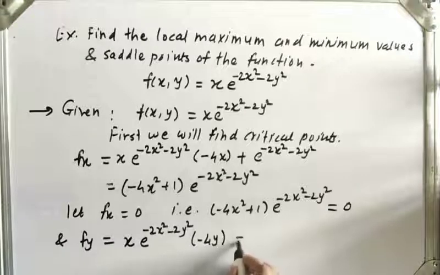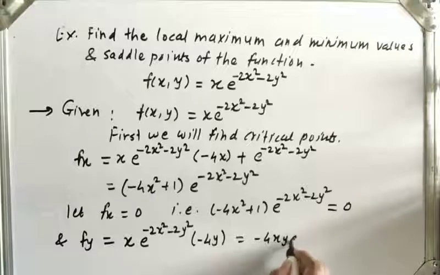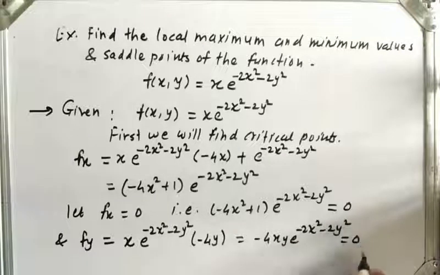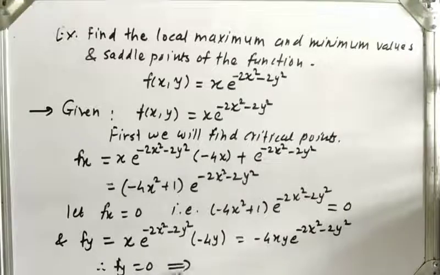So it is minus 4xy e raised to minus 2x square minus 2y square, this is our fy. Therefore fy is equal to 0. This implies minus 4xy e raised to minus 2x square minus 2y square is equal to 0.